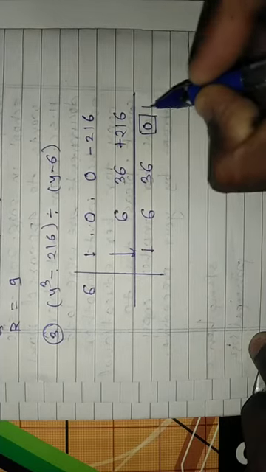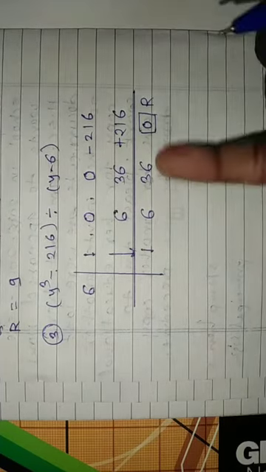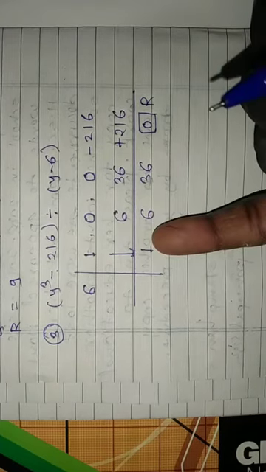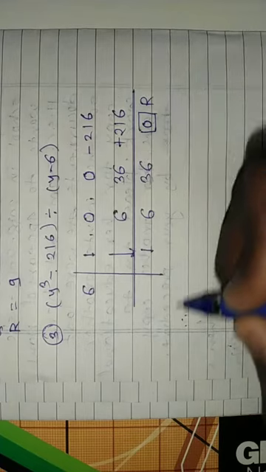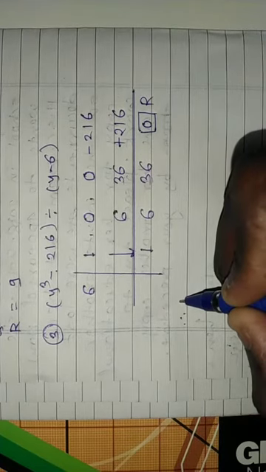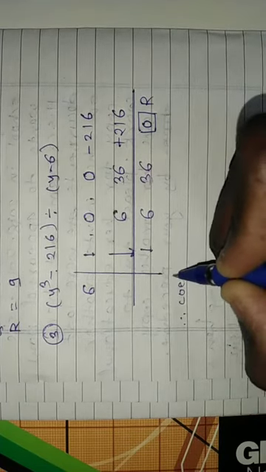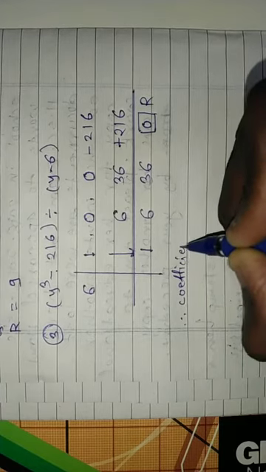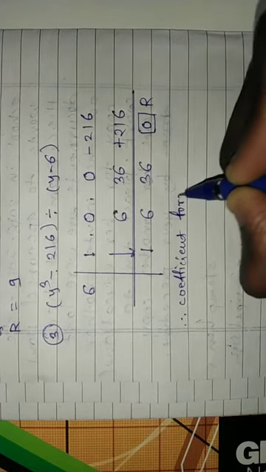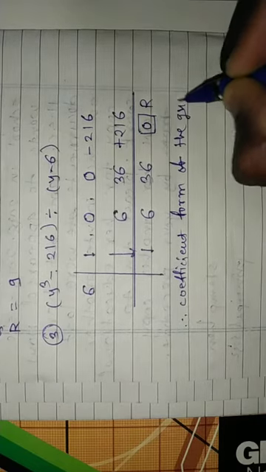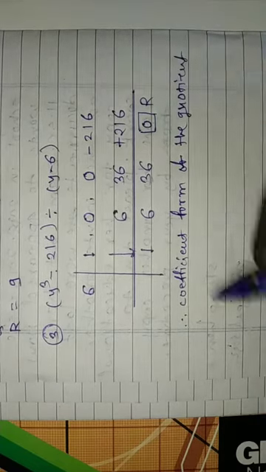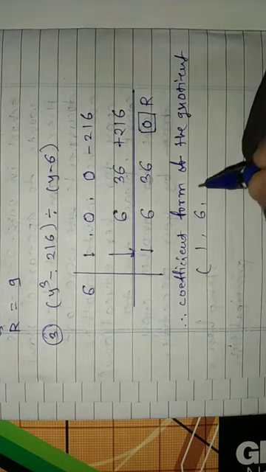So this is our remainder, student, and from the given coefficients we are writing the quotient. Coefficient form of the quotient: I write down here 1, then 6 and then 36.